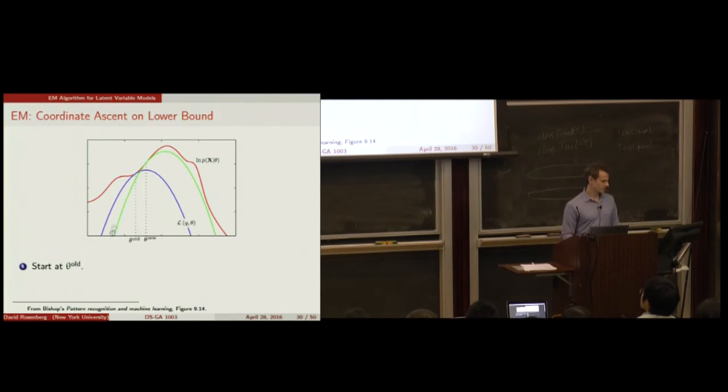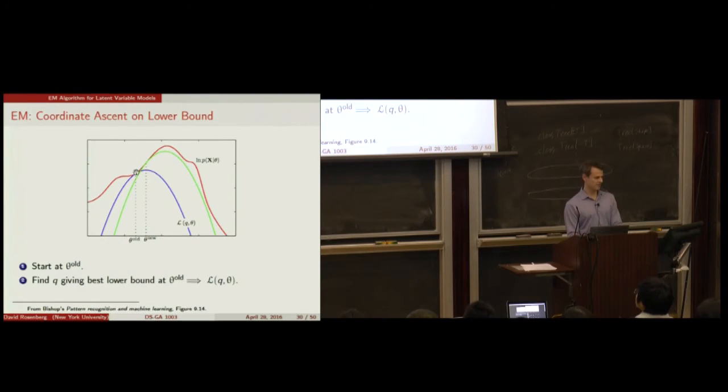So the probability of x given theta is also increasing. All right. So here's an illustration of our algorithm. Let's start with theta old. Now, we find a Q that gives the best lower bound at theta old. The best lower bound at a point is one that is equal to the actual function at that point.